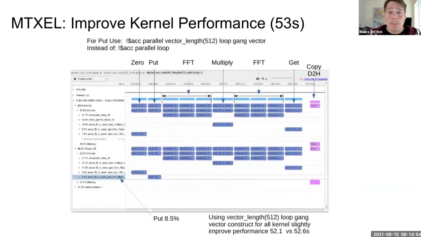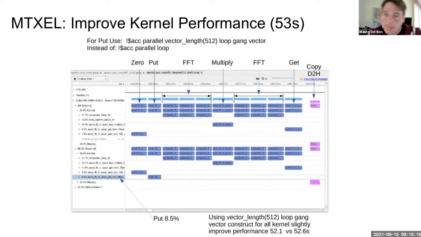So what we can do is play around with the kernel. What we did was essentially just switch from the OpenACC parallel loop construct to the parallel loop gang vector, specifying a vector length of 512. And just doing that for the put specific kernel, we essentially sped up this operation by 3x.